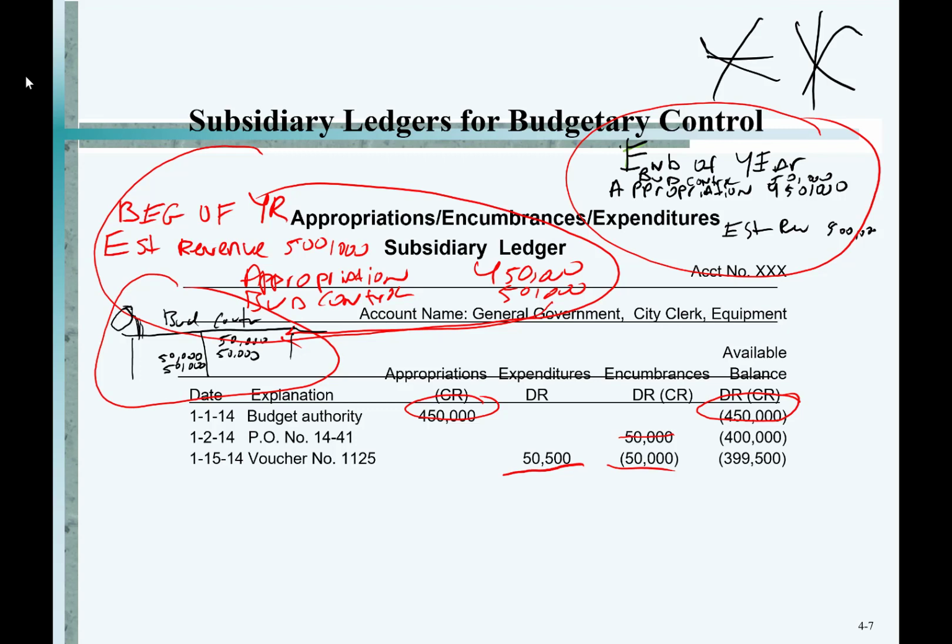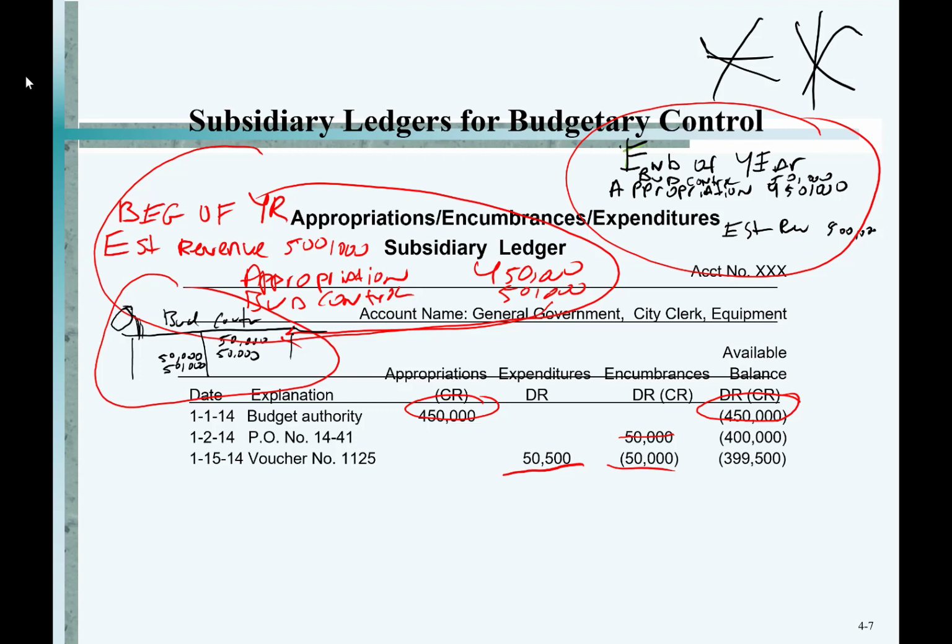Journal entry to record the budget at the beginning of the year.